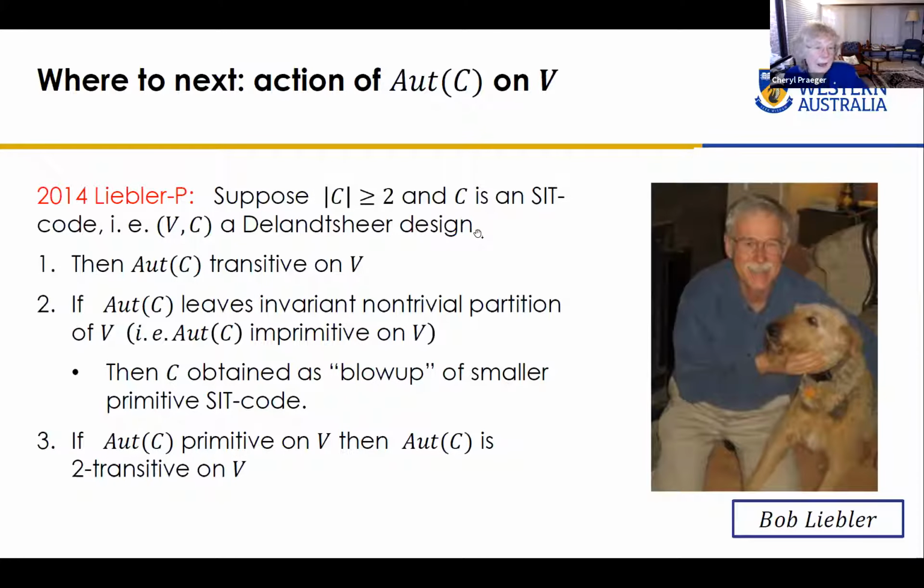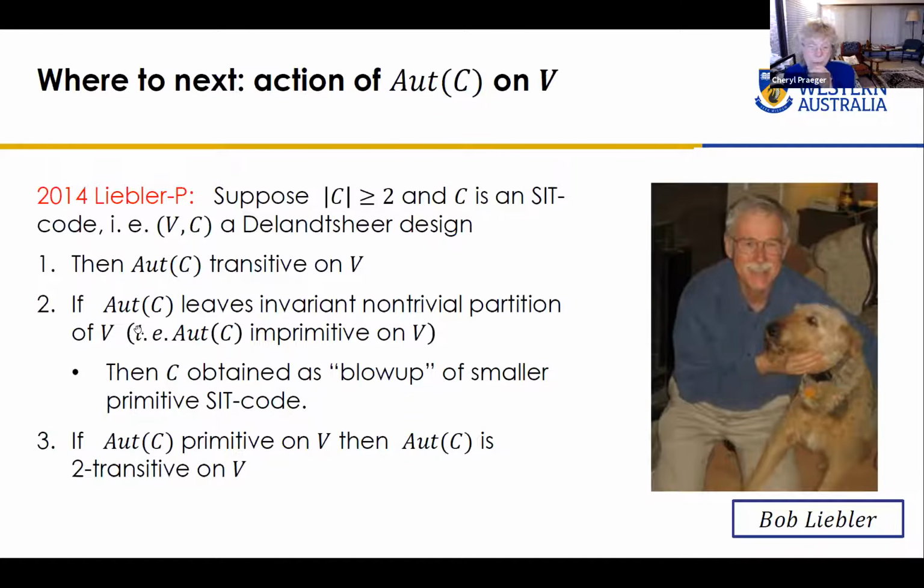Then in this case, with the SIT property, the automorphism group has to be transitive on V. We don't pick up those horrible little completely regular examples at all. It's transitive. And so we might ask, being a group theorist, I would ask, does the automorphism group leave invariant a non-trivial partition of the point set or not? That is, is it primitive or is it imprimitive?